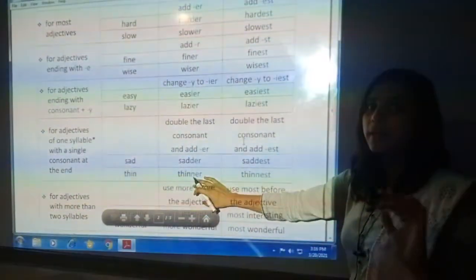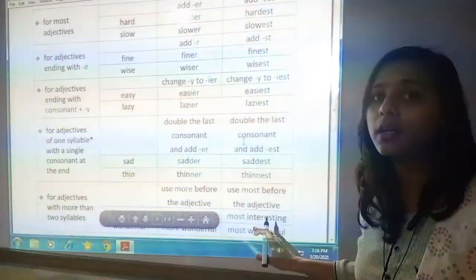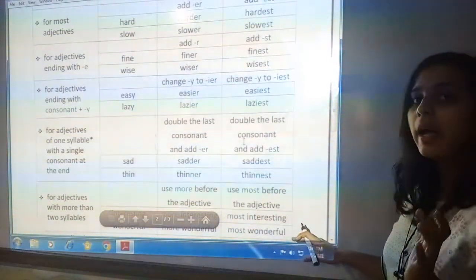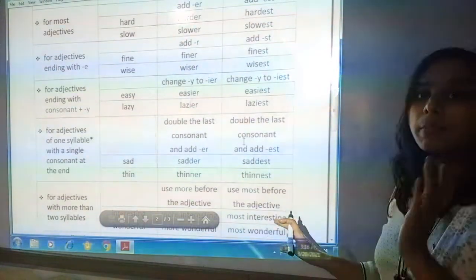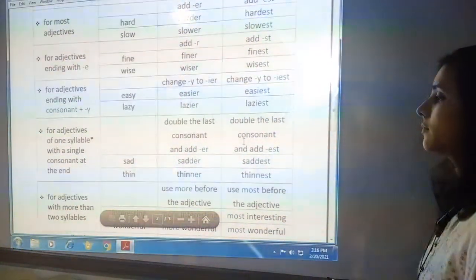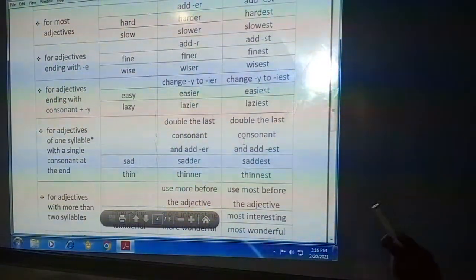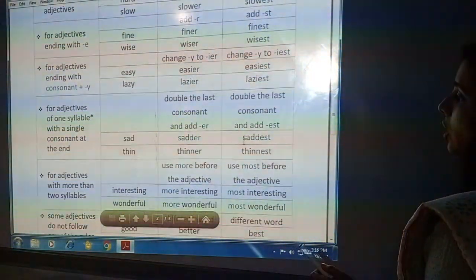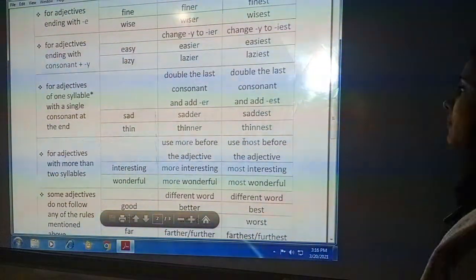If I write big, it will become BIGGER, bigger in comparative degree, and in superlative degree it will become BIGGEST, biggest. So in some of the words which have a last letter consonant, that last consonant will be doubled.